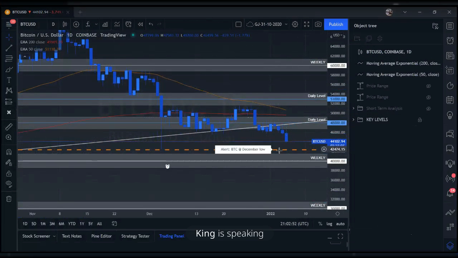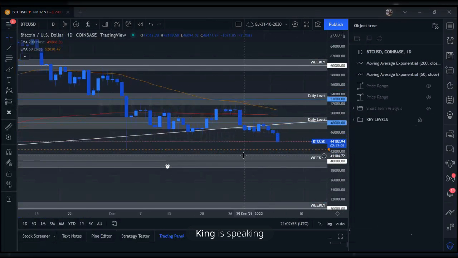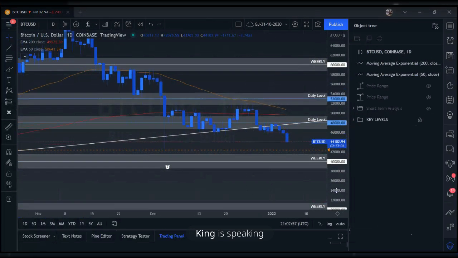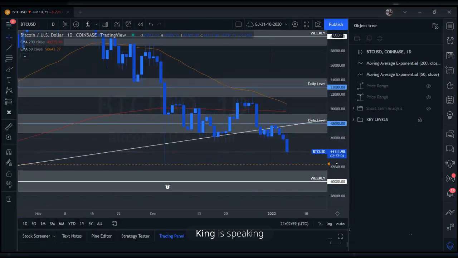I'm not going to take too much notice of it today. But how can you tie all of these things together to start building confluence and start making trades?